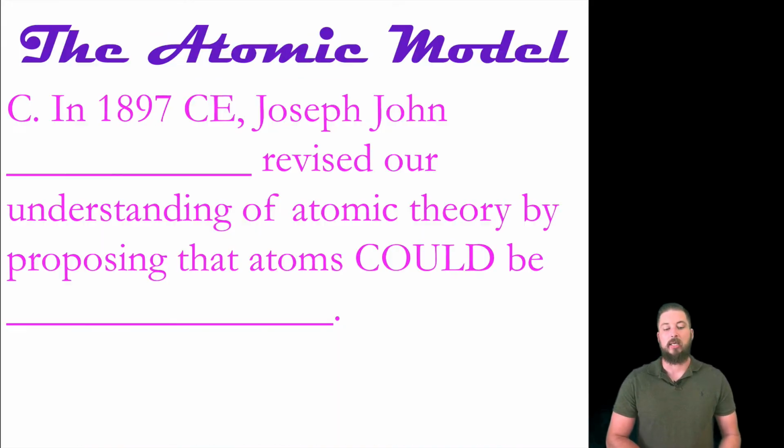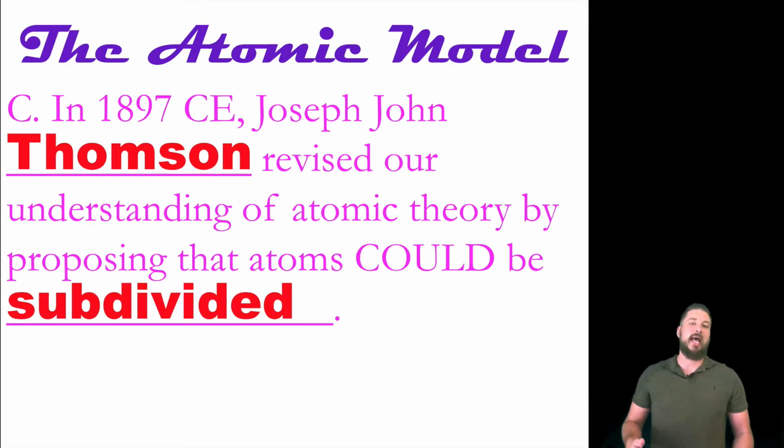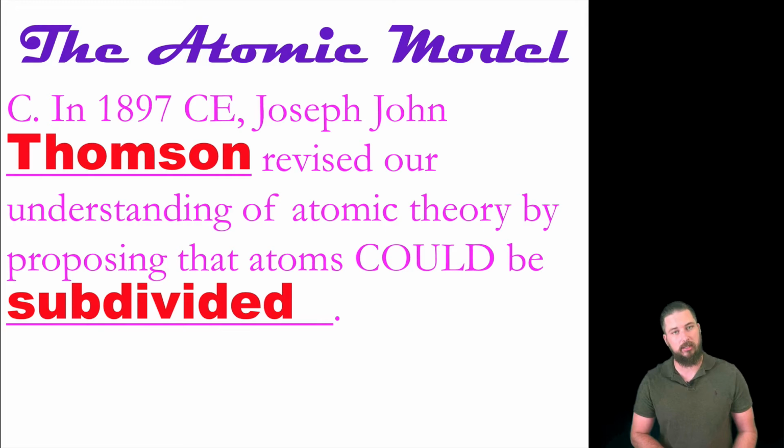In the late 1800s, he discovered that atoms could actually be subdivided. He discovered that the atom contains a negative charge, which we later on discovered is the electron. So essentially he discovered the electron.